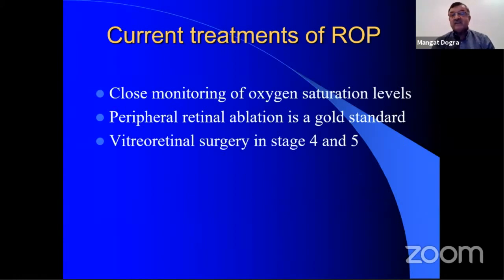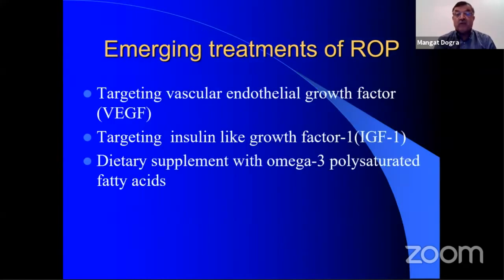So what are the current treatments as far as the ROP is concerned? The most important is close monitoring of oxygen saturation level, which is not happening in our country. So this is for the pediatrician and neonatologist. And peripheral retinal ablation with laser is the gold standard. We'll come to that in a minute. And vitreoretinal surgery in stage 4 and 5.